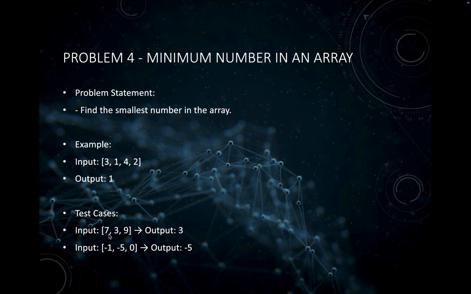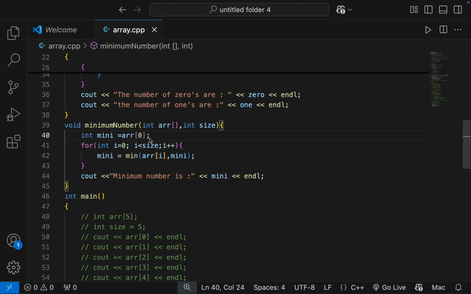So in these examples, the mini variable is having 3, 7 and -1. Okay, so I'm traversing the whole array, and this min will basically, if you give just two numbers, return the minimum number.